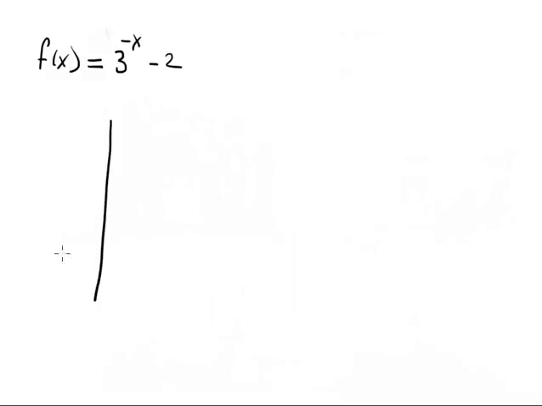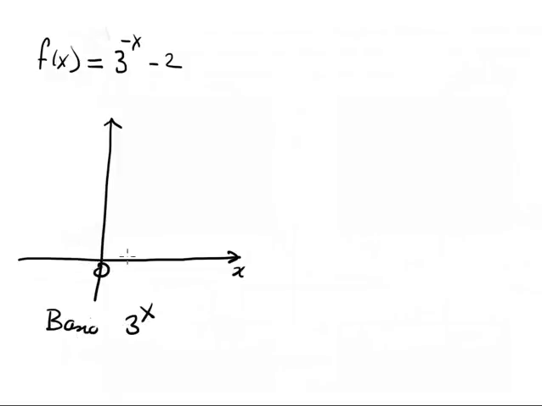We start with the basic exponential with the base 3: 0, 1, and negative 1. This is the point 0, 1, this is the point 1, 3, 1, 2, 3 here, and this is the point negative 1, 1/3. And this is our exponential with the base 3 graph.